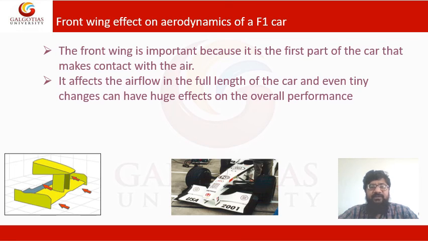Its front wing is the most important part which comes into contact with the air. This front wing is designed specifically to improve the overall performance of the Formula One racing car.